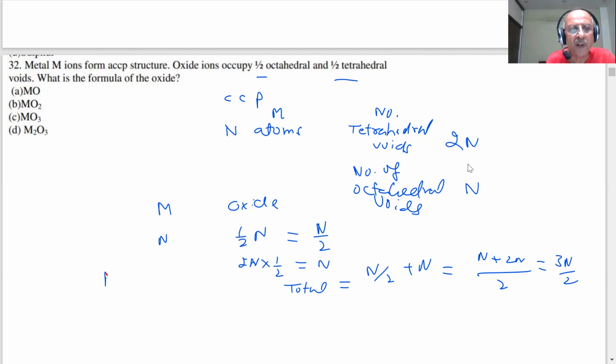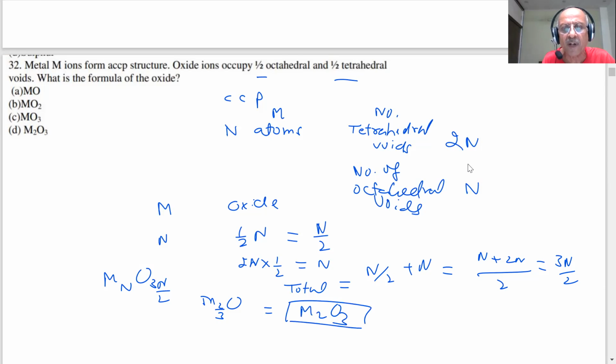So what you have is Mn and O 3n by 2, and you multiply by 2 by n, then what you will get? M2O3. So that means multiplying by 2, what will be the formula?